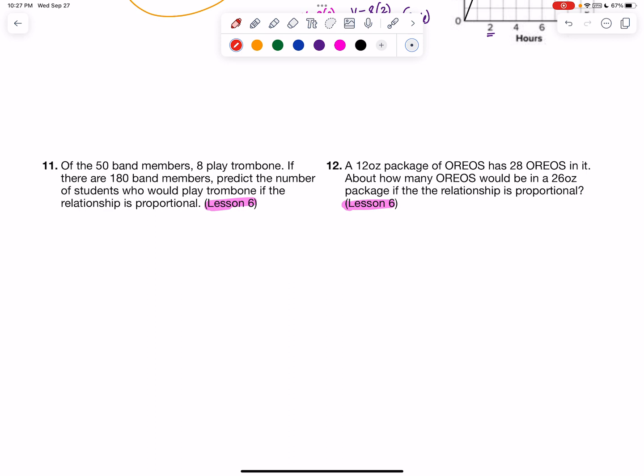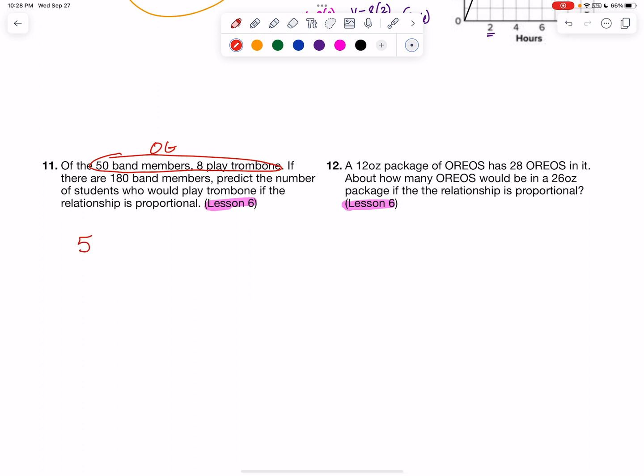Okay, of the 50 band members, 8 play trombone. There's my first ratio, my OG. If there's 180 band members, predict the number of students who would play trombone if the relationship is proportional. All right, remember, we have an original and they're asking us to predict. Predict, we make a proportion.